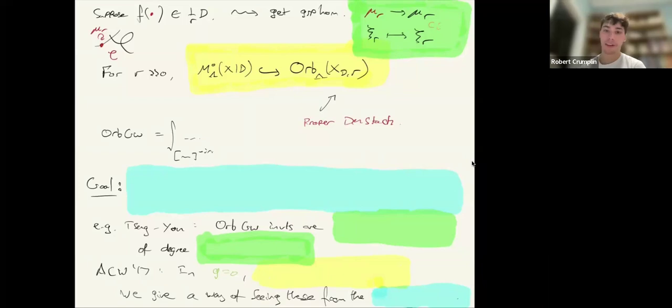So Charles Cadman and Abramovich and Vistoli have solved our original problem of compactifying. And now we can do what we want. We can define invariants by integrating over this space and get interesting numbers. So that's all this means: there are some associated invariants called orbifold Gromov-Witten invariants, which are integrals over this space. And that's well defined now.